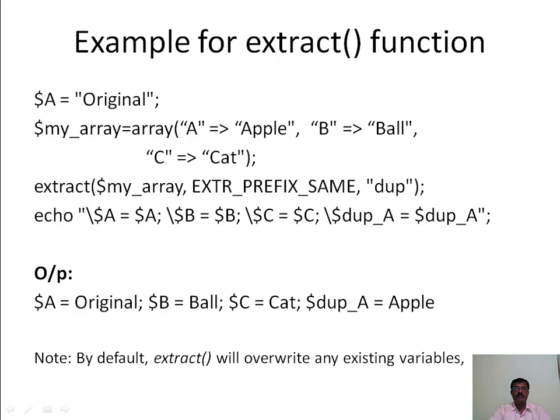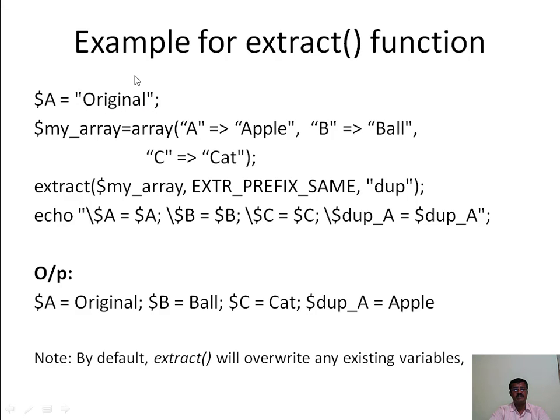Here is an example for the extract function. By this example, we can demonstrate how we can extract individual variables from array elements. In this example, I have a variable called A whose value is assigned as original.